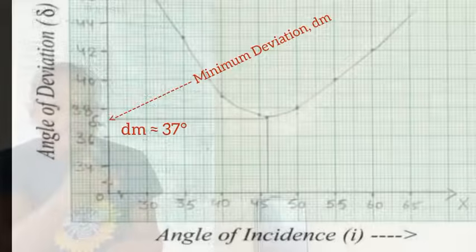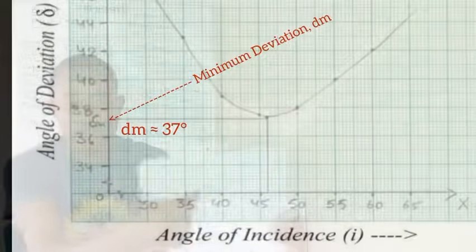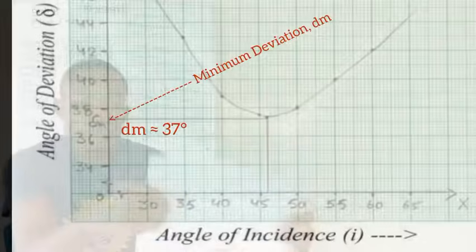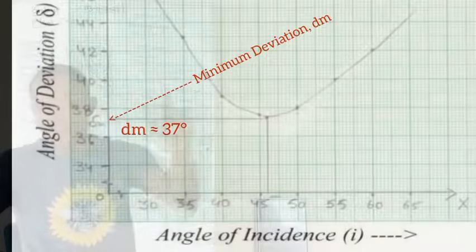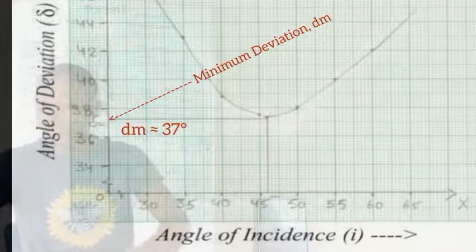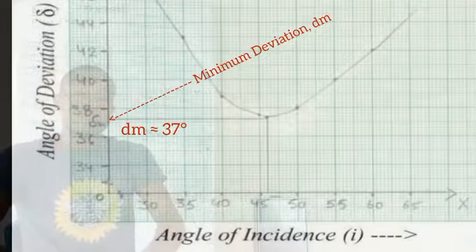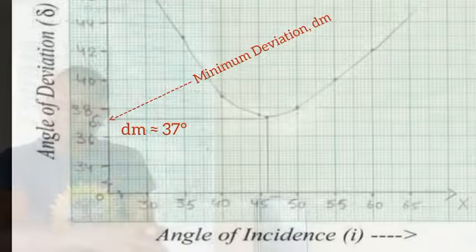However, for the refracting angle, from your tracing, you may decide to measure the refracting angle. You can still use it, it's okay, because normally it's expected that the refracting angle will agree with the intercept of our first graph, that graph of I against d minus e. So we are going to look at how to calculate the refractive index of the triangular prism.